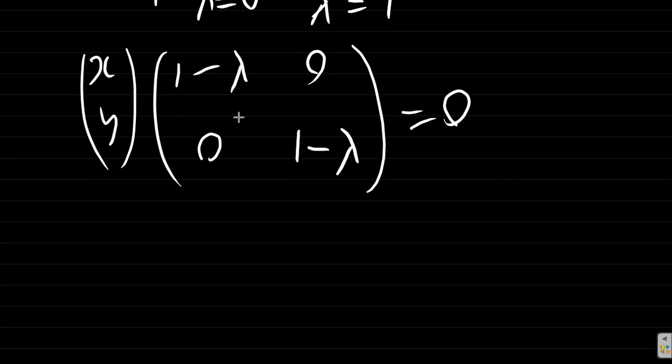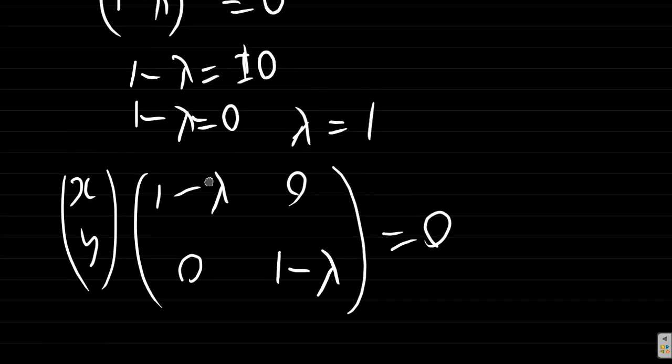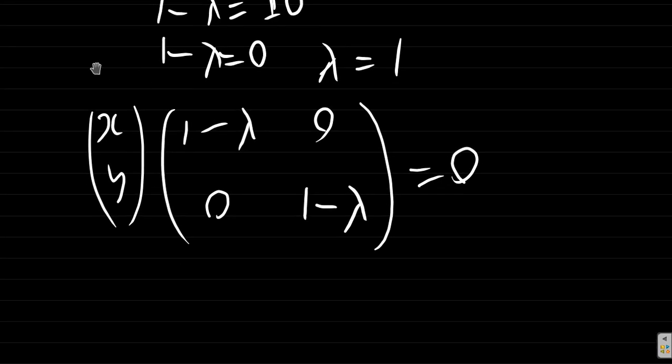Now, we have lambda being 1. So, this turns out to be 1 minus 1, which is 0. And this turns out to be 1 minus 1, which is 0, because lambda is 1.